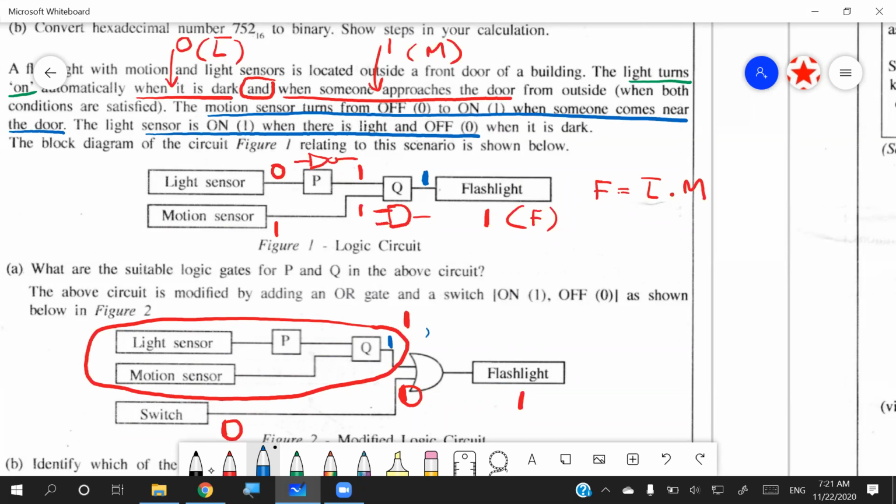When you are receiving a 0 over here, the flashlight is not going to be on, because it goes through an AND gate. So the flashlight is off when you are receiving a 0 at the Q. So it behaves in the very same way.